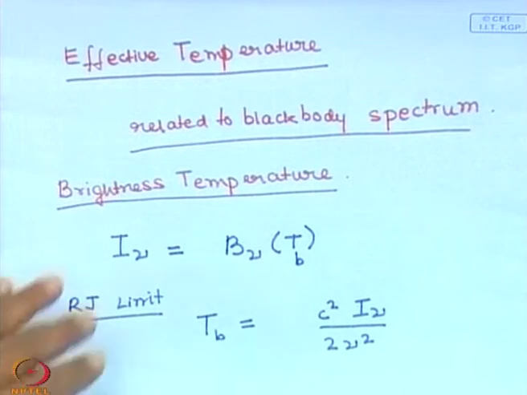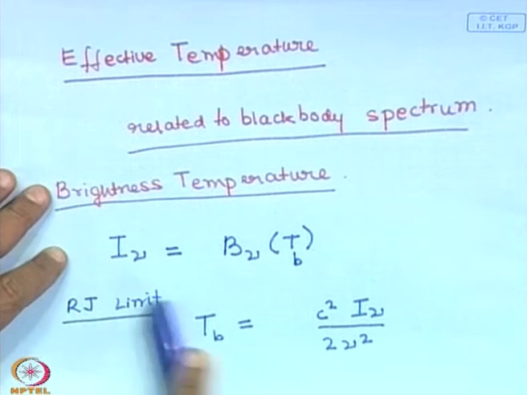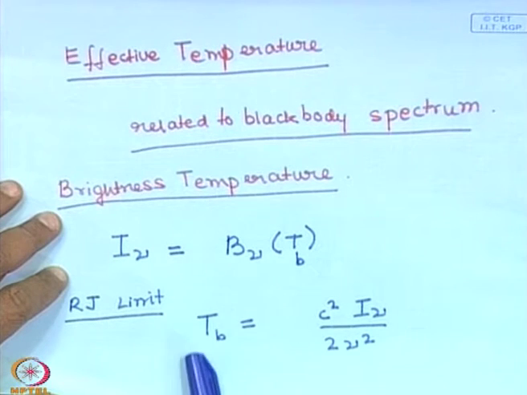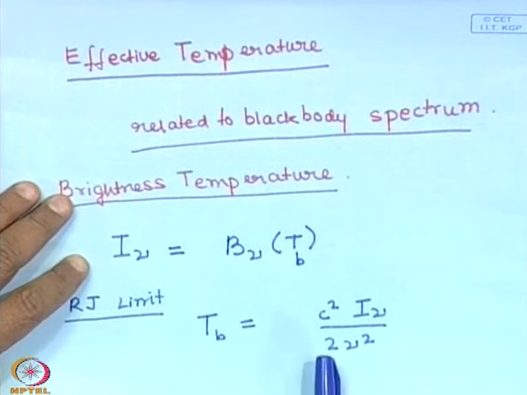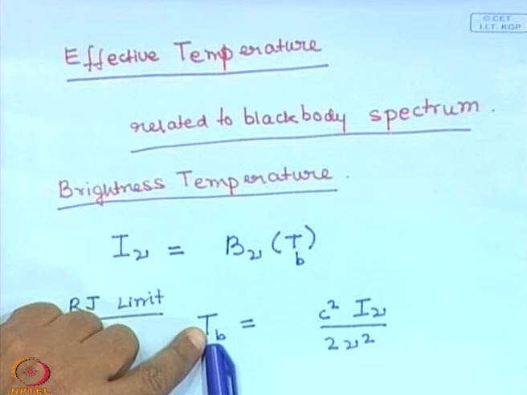Now, in the Rayleigh-Jeans limit, the radiative transfer equation also takes on a very simple form. Instead of using specific intensity, we can just use the brightness temperature.